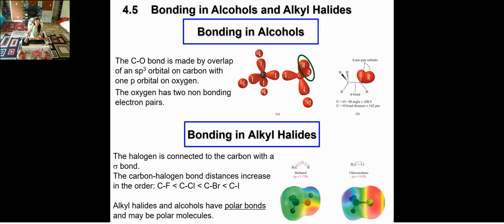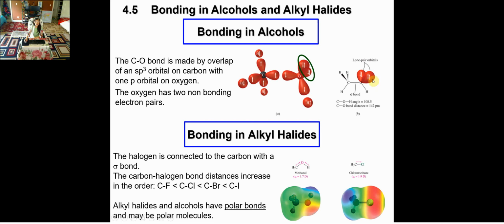Normally that will be the p orbital of your oxygen. In your oxygen, you have 2 more groups of electrons that are not paired. You call them lone pairs. You have 2 lone pairs on your oxygen.